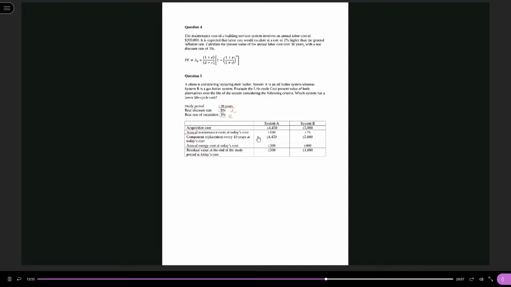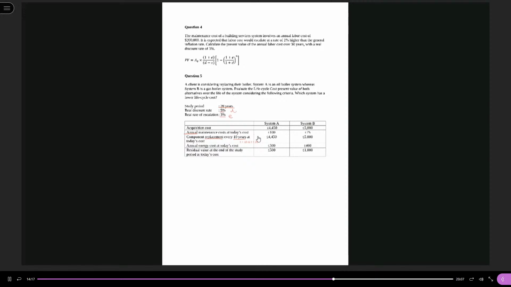Component replacement cost every 10 years, and the study period is 20 years. So it means the cost will happen at T equal to 10 and also T equal to 20.